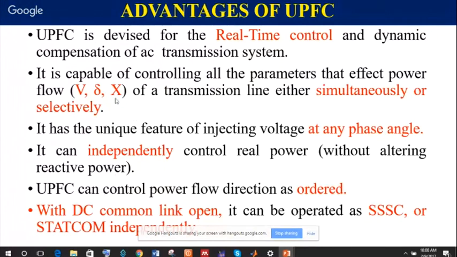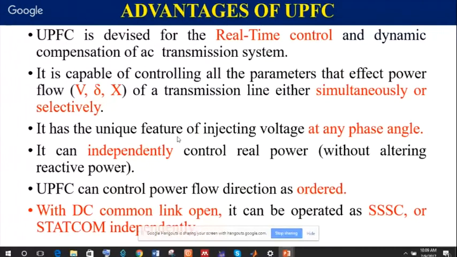This is because when we looked at the earlier FACTS devices, we found that TCSC and SVC could only control X. Then the voltage parameter is controlled by STATCOM. The angle parameter is also controlled by the series compensator. But UPFC has the characteristic that it will control all three parameters simultaneously or independently.